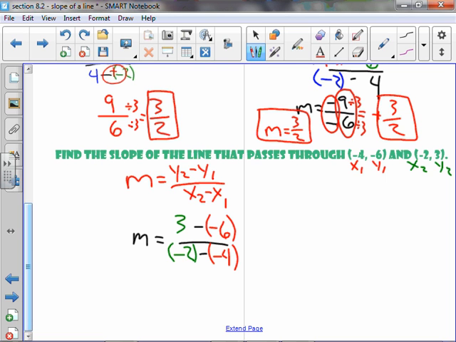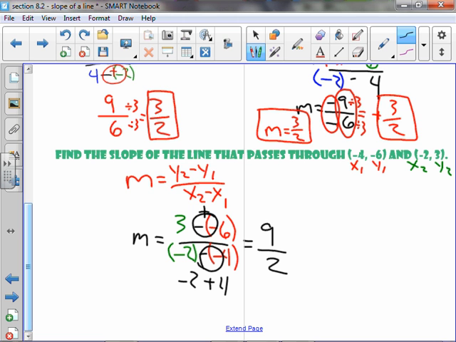Be very careful with the negative signs. Now I'm just going to calculate here. 3 minus a negative is the same thing as adding, so 3 plus 6 is 9. And then negative 2 minus a negative again is the same thing as adding. I get negative 2 plus 4, which is positive 2.